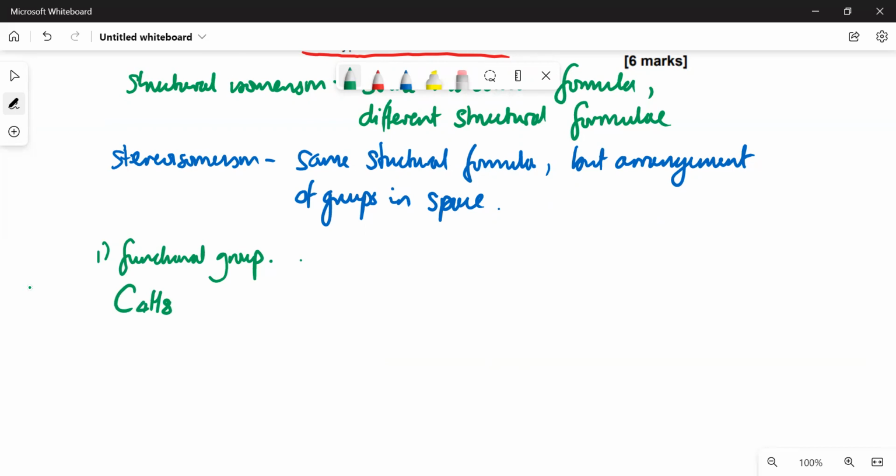So an example of two functional group isomers would be, let's say, but-1-ene. I'm going to just draw them, save time, and I'm going to draw them as CH2CH3.